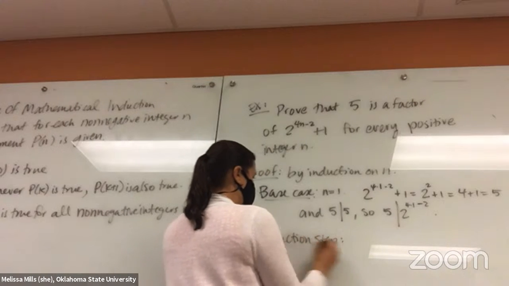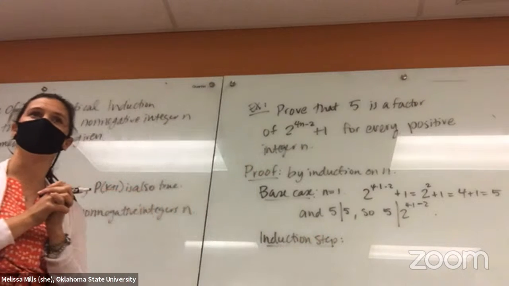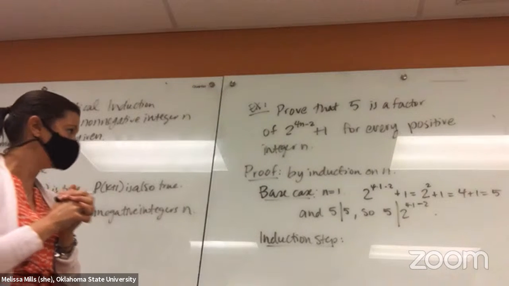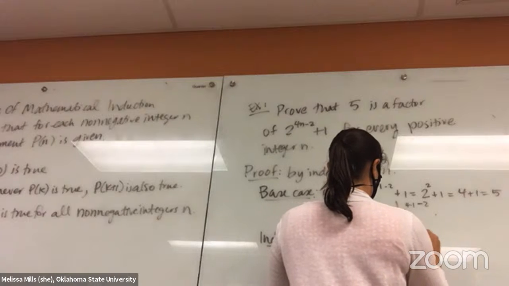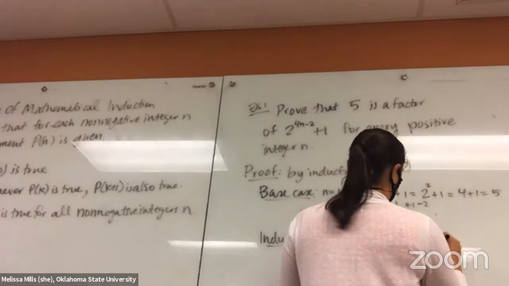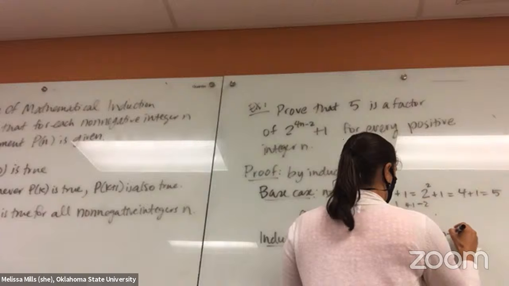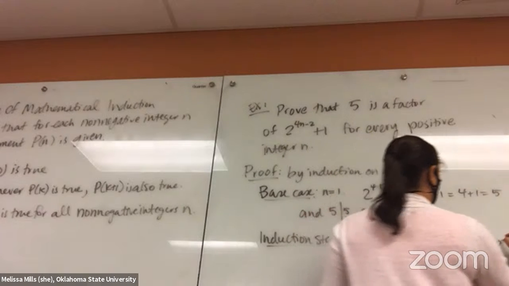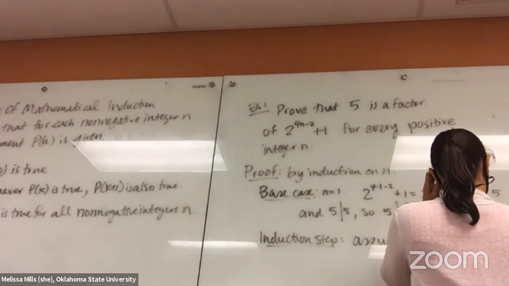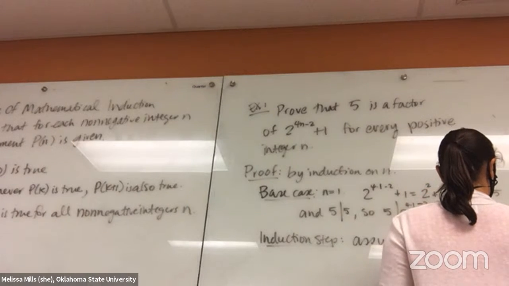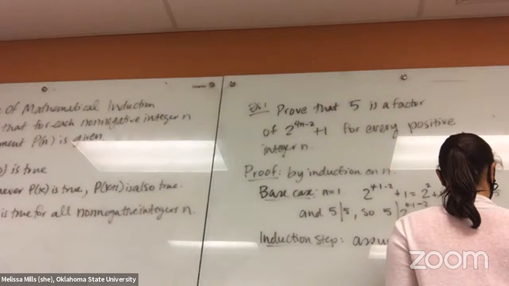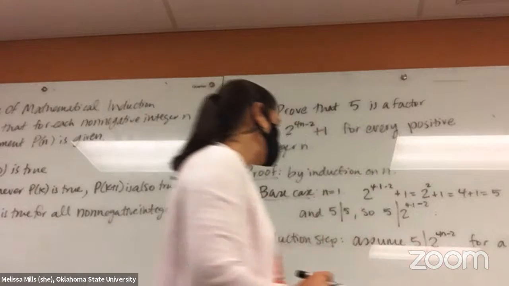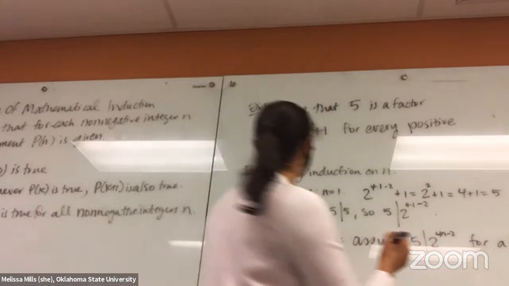What do we assume? That 5 divides, positive integer one. Okay, so then what do I need to, oh, I didn't do that, +1.